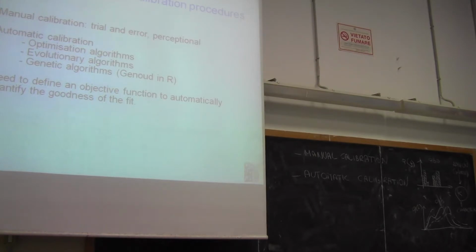So you change k and you get another one. And then, by trial and error, you finally get to a k value that makes you happy. This is manual calibration.